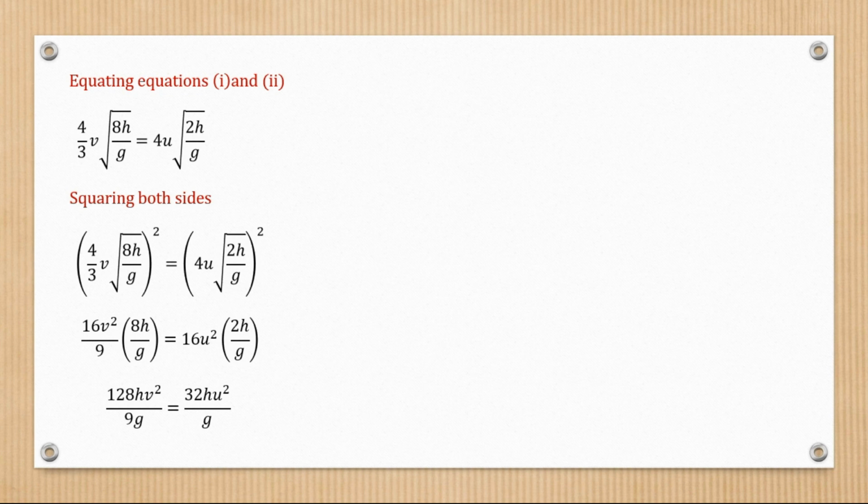Now the next step is we open brackets. 16 times 8 is 128, so we'll have 128hv² over 9g = 32hu² over g. Next we can cross multiply to make this easy, so we'll have 128hgv² = 288hgu². Now we divide both sides by 32hg to simplify this further.